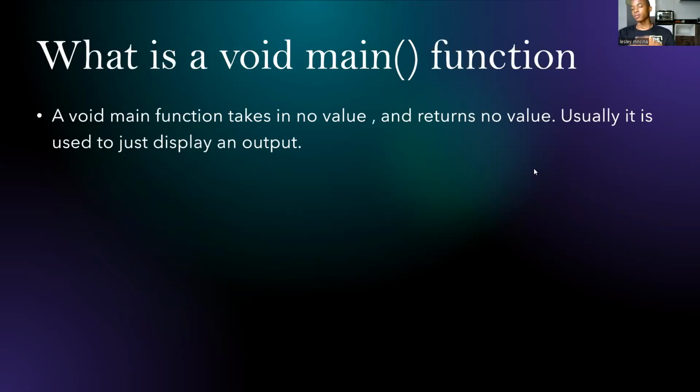What is the void main function? Like I've explained, the void does not return any value. Void means nothing. It's like, what do they call a black hole? They call it an empty void. It's nothingness.